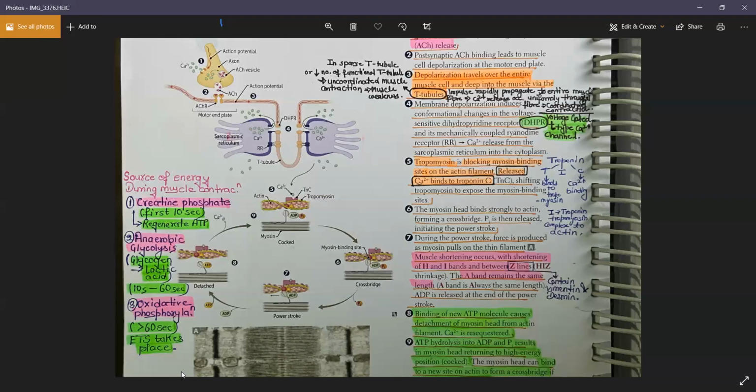So sometimes Step 1 can give you a question like, whoever is studying a muscle has noticed that when the muscle starts contracting, up to the first few seconds the ATP levels are normal in the muscle. Absolutely normal. No depletion in the ATP is seen.